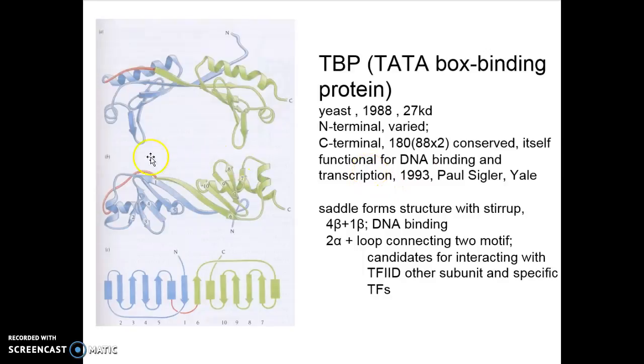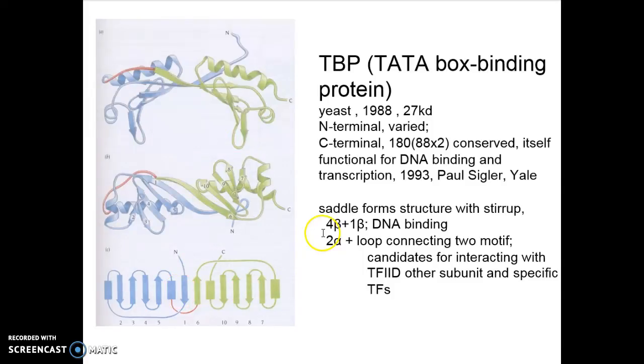Its structure was determined in 1993 by Paul Sigler at Yale University. You're looking at the side view and bottom view of this structure. DNA is positioned here, similar to a saddle with a strap, this strap.